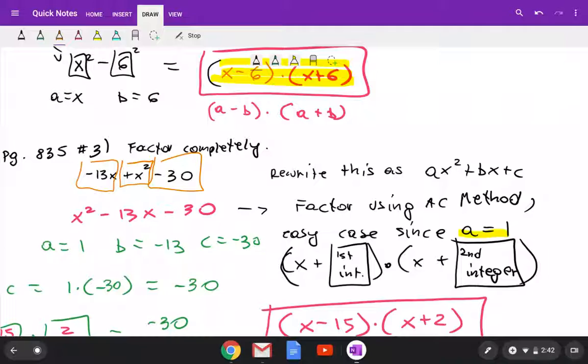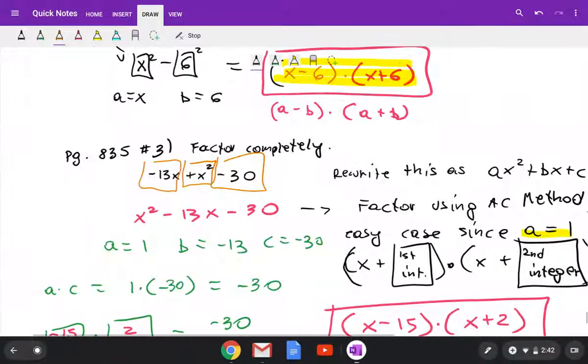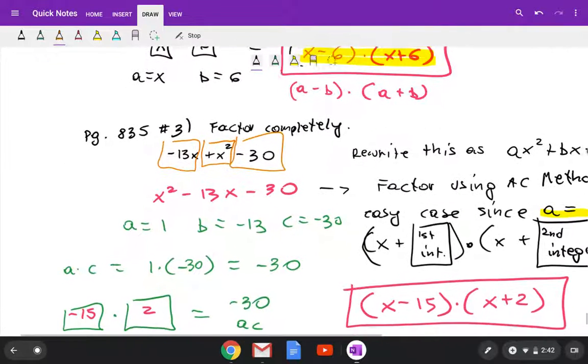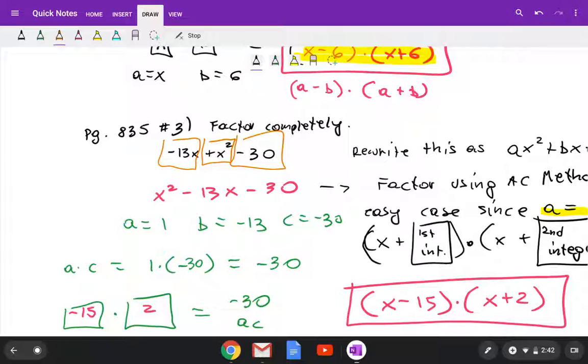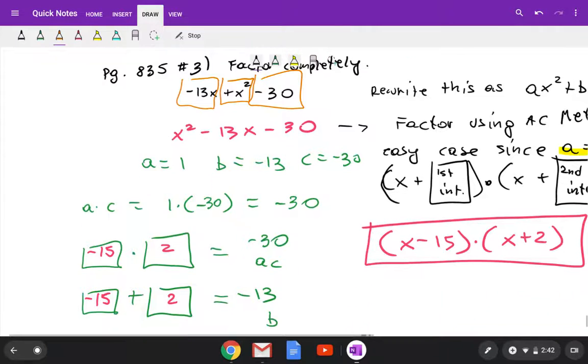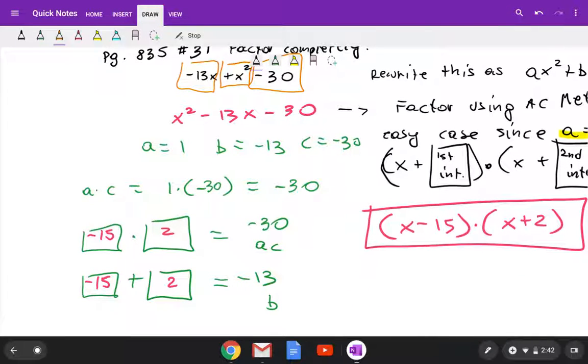Factor using the AC method. This is the easy case since a is equal to 1. So to factor that, it's going to be x plus first integer times x plus second integer. I'm showing work. A is equal to 1, b is equal to negative 13, c is equal to negative 30. I multiply a times c, that gave me negative 30, and then I'm looking for two integers which by multiplication give you ac, and the same two integers by addition have to give you b.